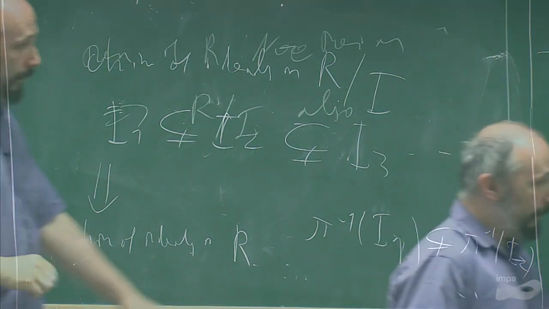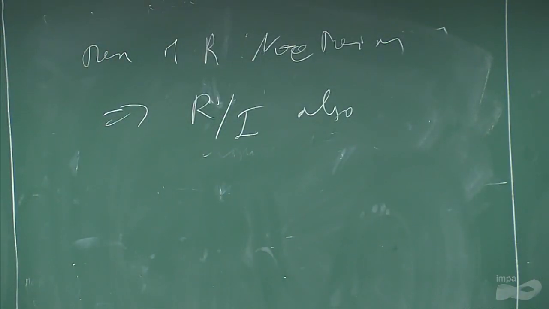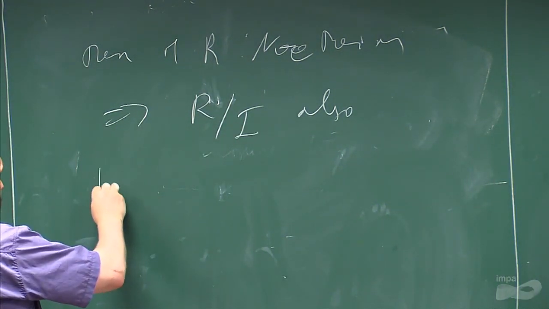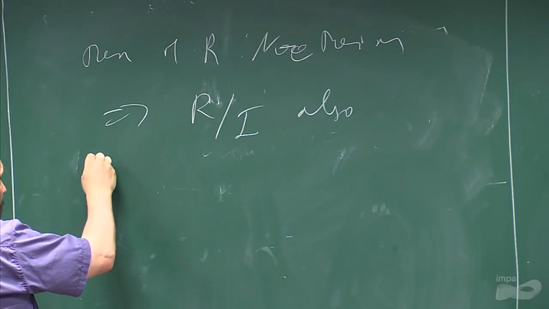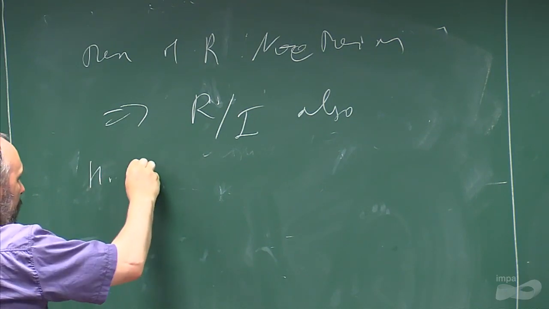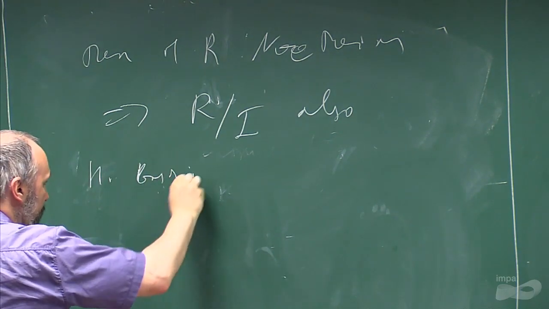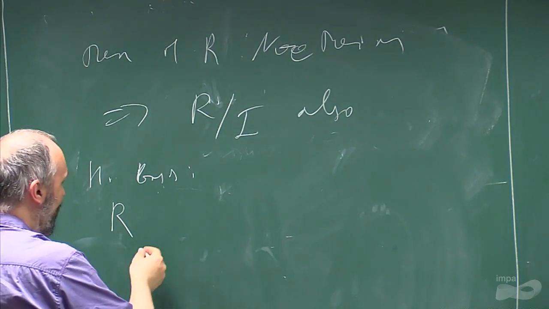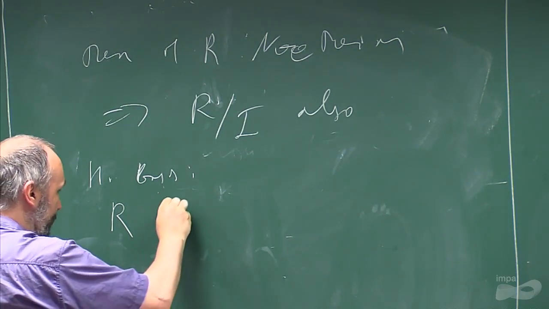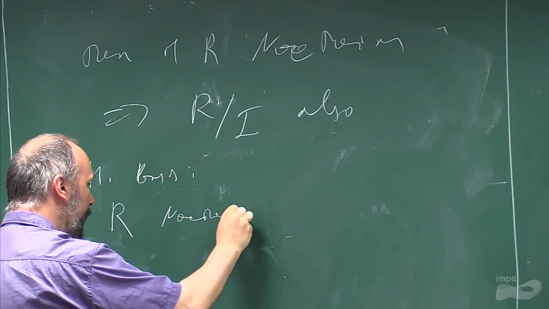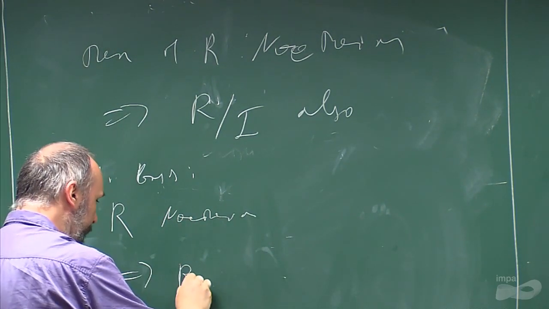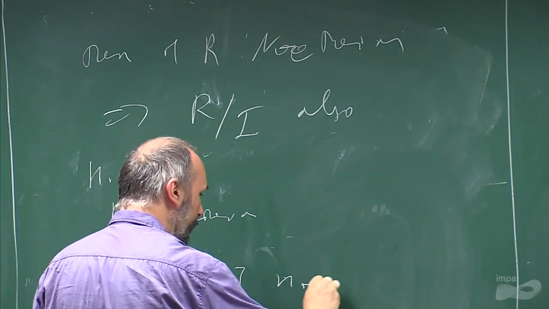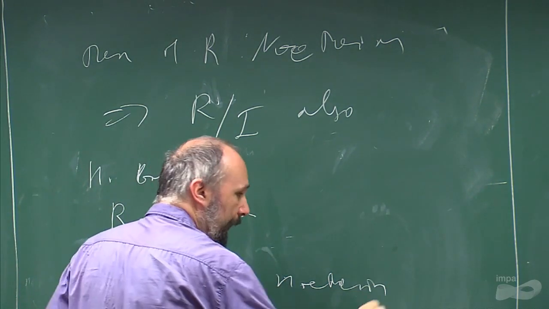Okay, and here we have, Hilbert basis theorem is in fact a statement that if R is Noetherian, then R[t] is also Noetherian. And then you use induction.